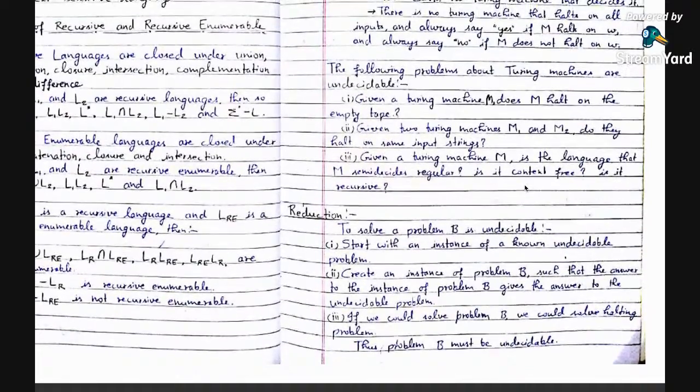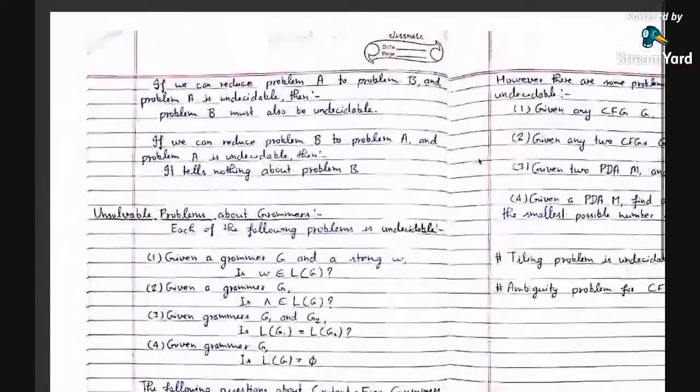Reduction. To show that a problem B is undecidable, start with an instance of a known undecidable problem. Create an instance of problem B such that the answer to it gives the answer to the undecidable problem. If we could solve problem B, we could solve the halting problem, so problem B must be undecidable.